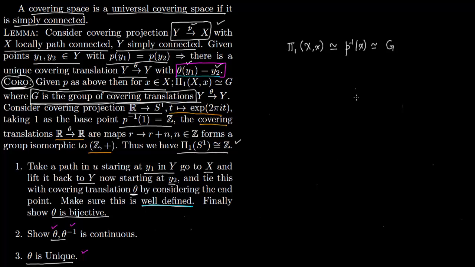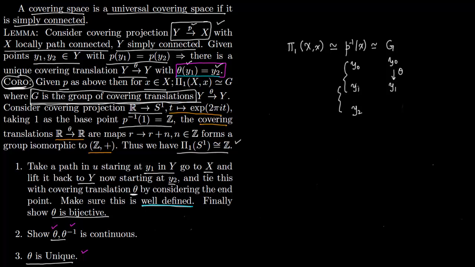So let us now write it more explicitly. Say P inverse of X has 3 points, y0, y1 and y2. So what does group G do? First focus on just these 2 points. Group G will give you a map theta taking y0 to y1.